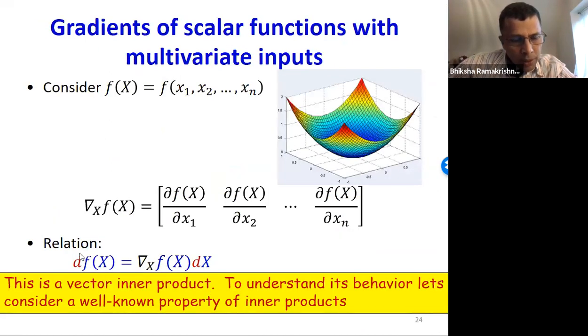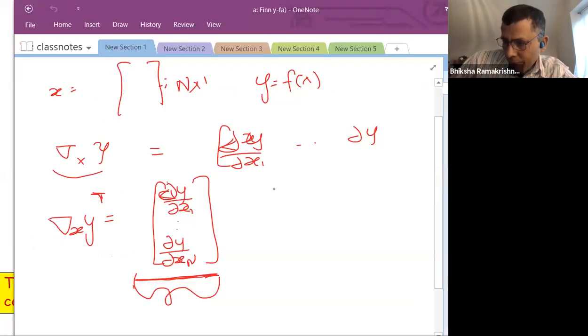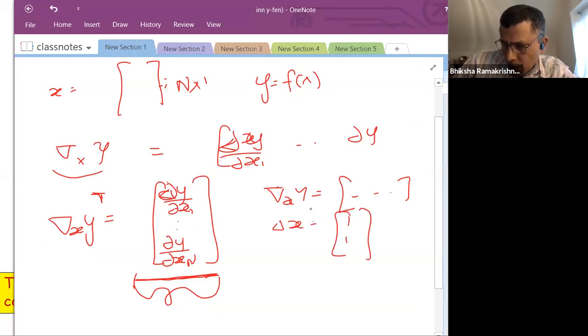So df is the inner product between your derivative and the increment of x. The transpose of the derivative is the gradient, and so df is going to be the inner product between my derivative and dx by definition.